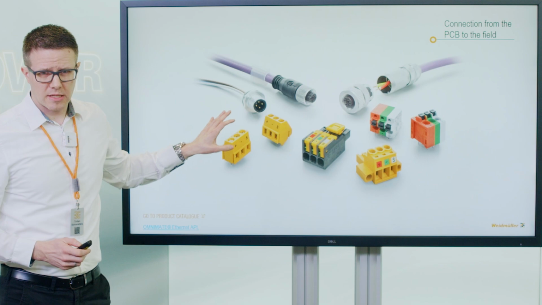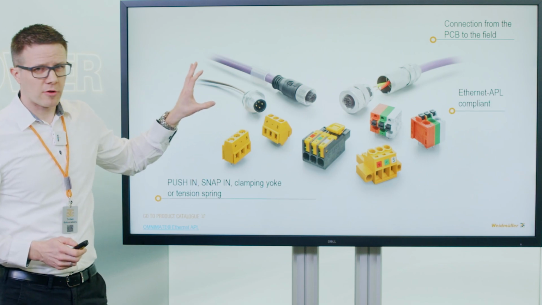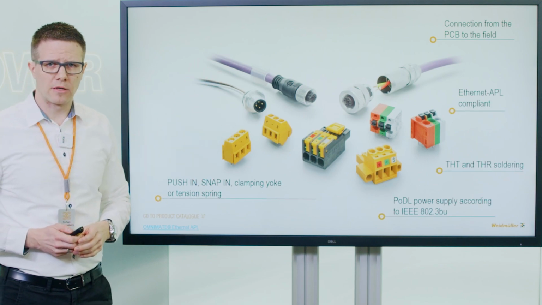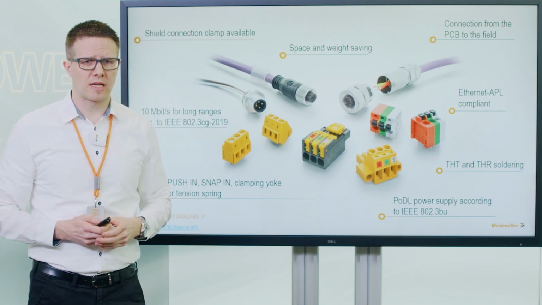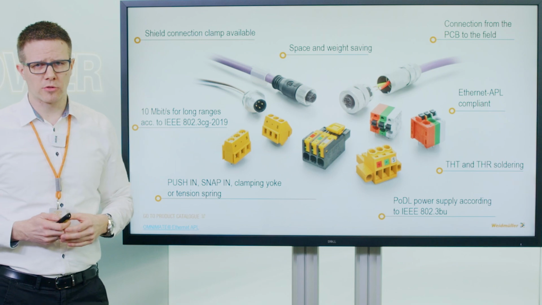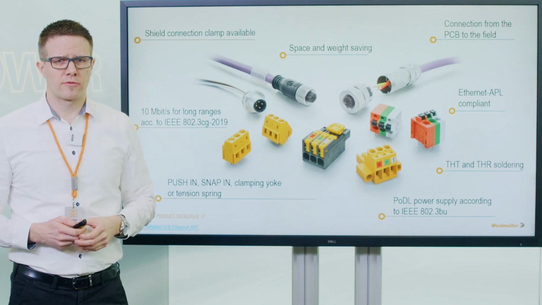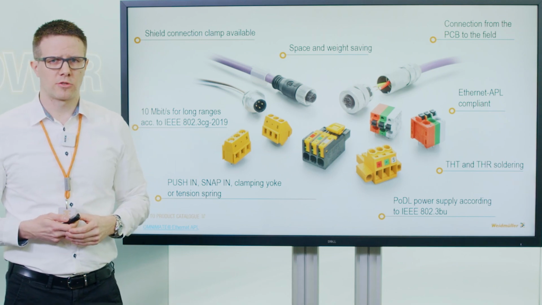So when we summarize what we have here, we can see we have the connection really from the PCB into the field. All components are Ethernet-APL compliant, so they are tested and they fulfill the requirements of the process industry and the requirements regarding the return loss and insertion loss.